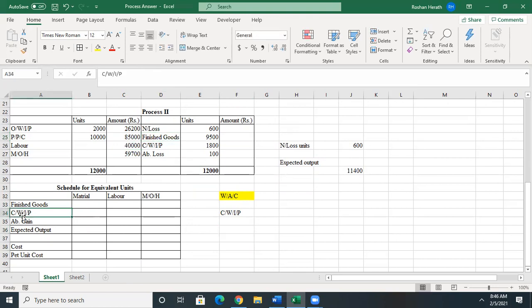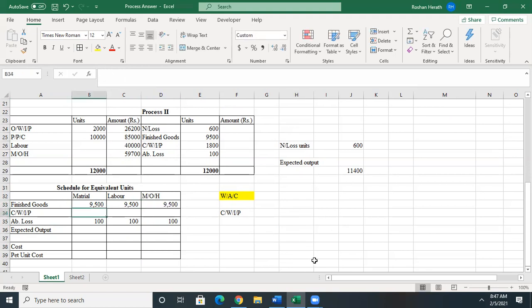Then closing WIP is there, abnormal loss is there. So the abnormal loss is straightforward. You can take them easily. The finished goods is also straightforward. It's finished 9,500.